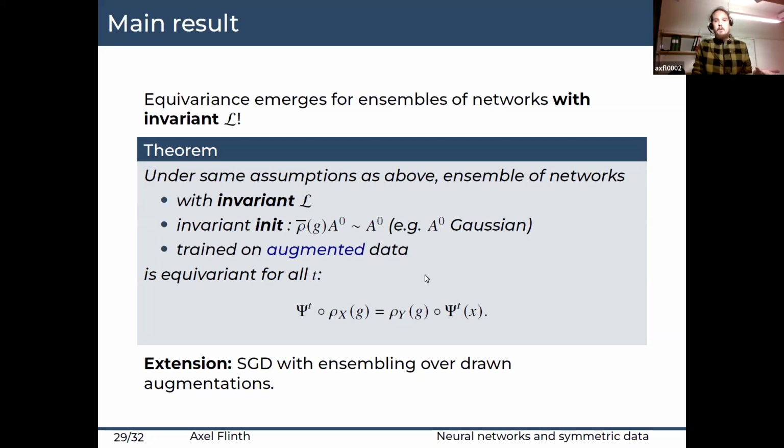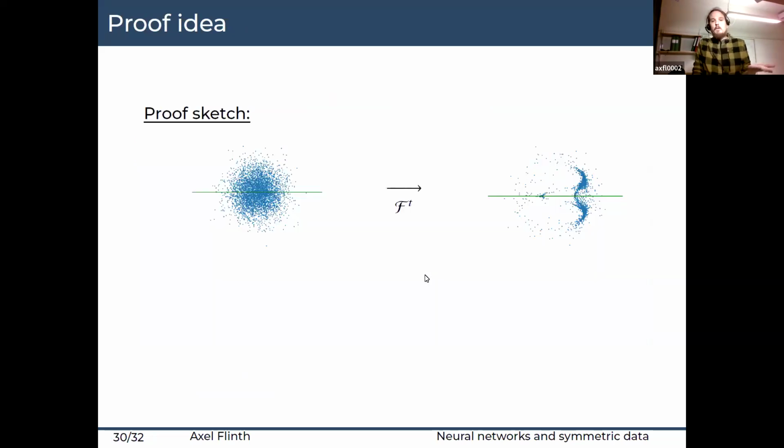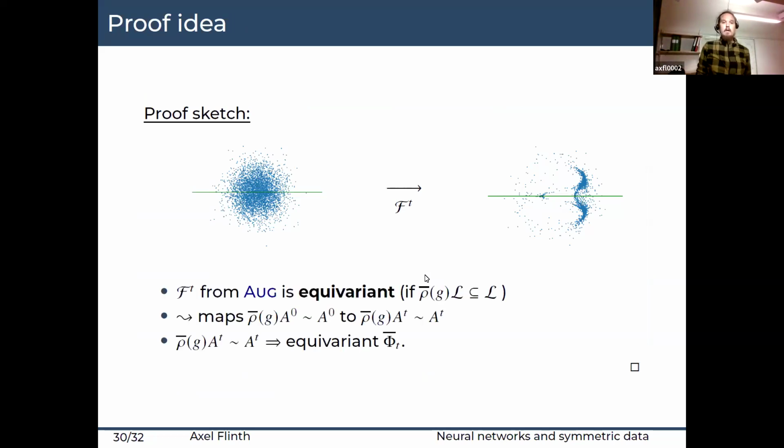How does one go about proving this? What we need to show is what we showed in the animation two slides ago really happens. So I start with my symmetric Gaussian distribution, and then by applying my training flow, it will turn into something equivariant. The steps are as follows. First, one proves that under my geometric condition on my architecture, the training flow map I get is actually an equivariant map.